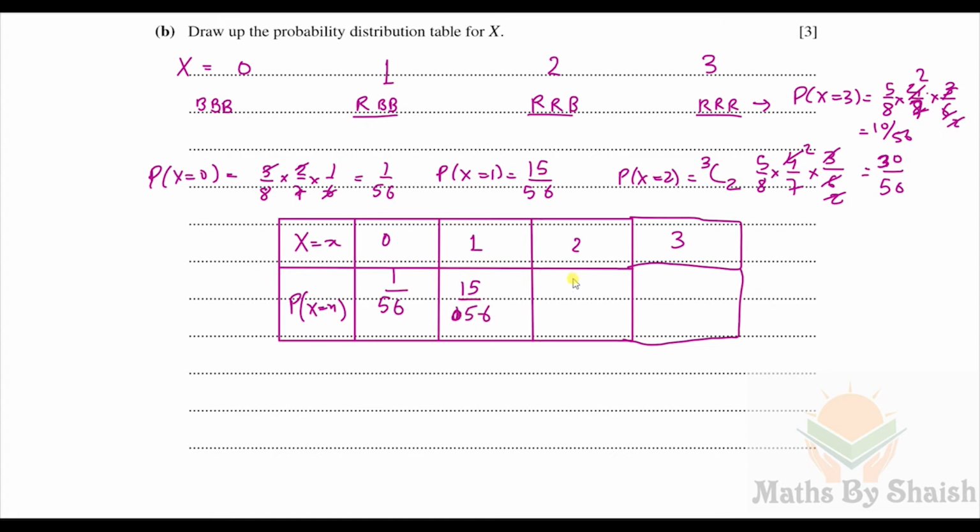For 2 it is 30 over 56. And for 3 it is 10 over 56. Now in order to check whether it is correct or not, we have to add them all and check whether it is 1 or not. So 1 plus 15 is 16, plus 30 is 46, plus 10 is 56, so it is correct. That's the distribution table for X.